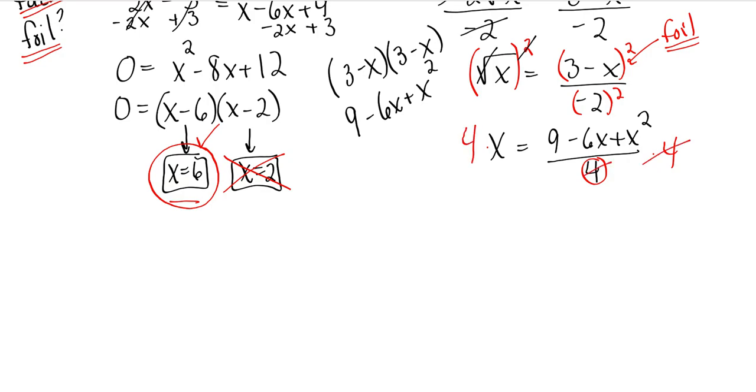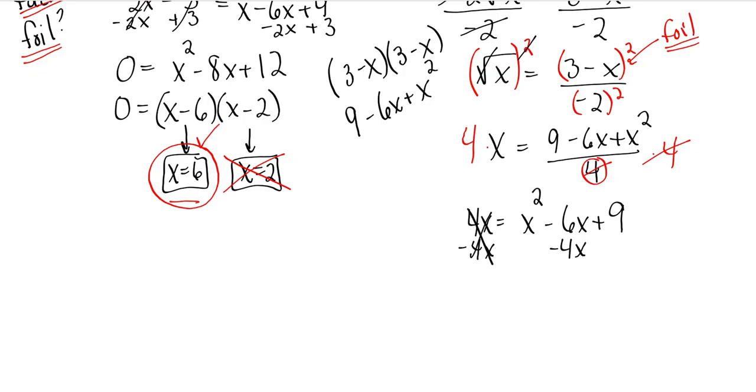That'll take that out. And then we have 4x on the left. 9 minus 6x, and I'm going to rewrite that the other way around because I want that x squared first. So x squared minus 6x plus 9, and now we can put the 4x over there because now we're kind of on this step here, where we have to get everything on one side.